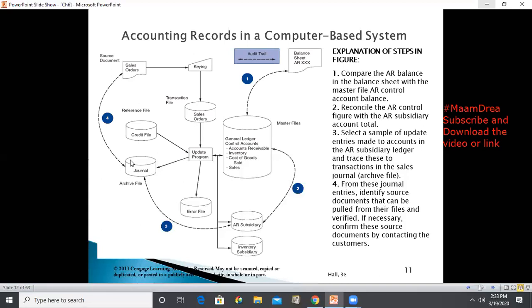If necessary, we can also perform confirmations for the balances by contacting the customer in question. So this ends our discussion for audit trails and accounting records.